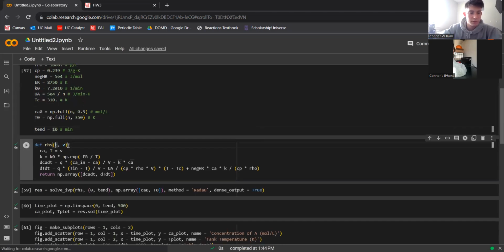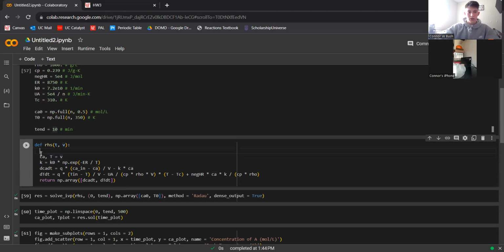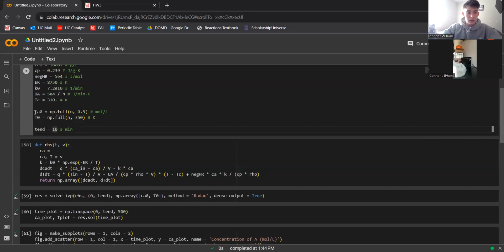So here we have two parameters for the differential equations we're going to be looking at for this function. The time we're going to leave alone, but this vector we unpacked with the concentrations and temperatures. However, these are going to be arrays now, not individual numbers. So we're going to split this up. So this vector we're going to be looking at, we're going to eventually concatenate these two.